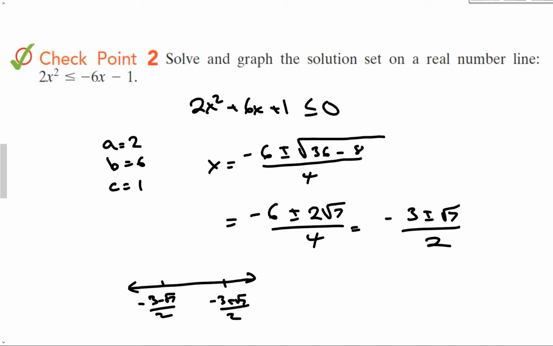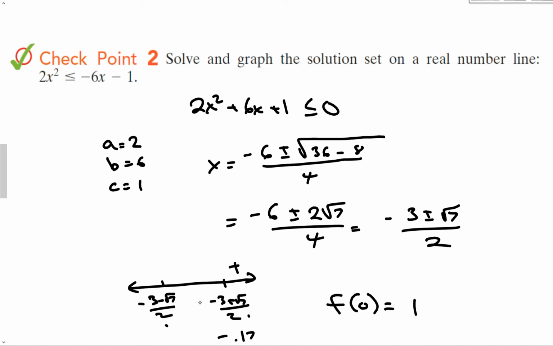So negative 3 plus the square root of 7 divided by 2 is going to be negative 0.17. That's kind of important because now when I plug in f of 0 and I get 1, that's this side. That's the only thing you have to be careful with these radical expressions: make sure you know where the number you're plugging in is going to go on your number line.